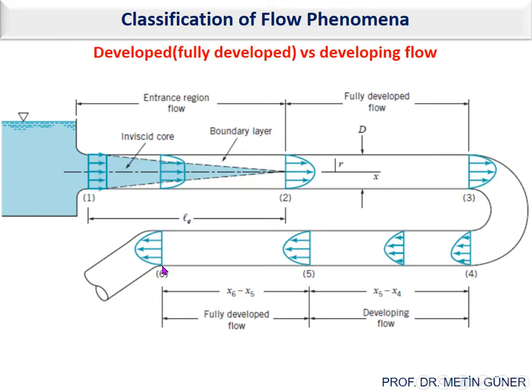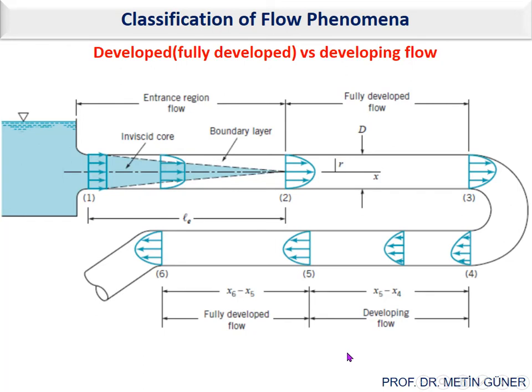And the story continues. If again there's a disturbance like the elbow shown here, the story will begin again. Again you have a developing region and then a fully developed flow. So pay attention to this point. The developing or entrance region does not exist only at the beginning of a pipe or the first section of the pipe. It may happen again and again and again.